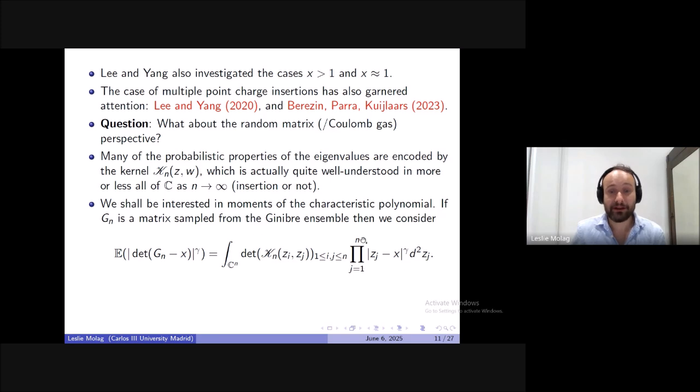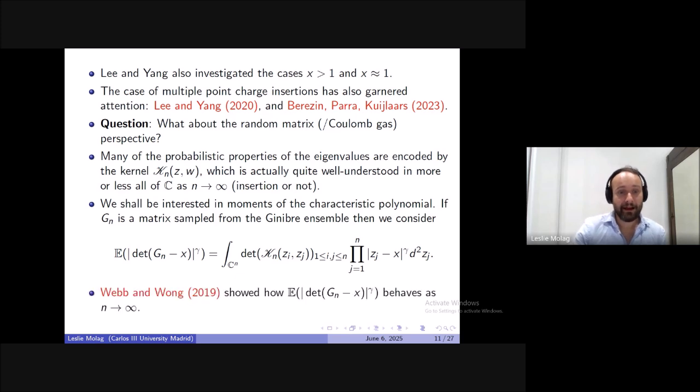Explicitly that's given by this formula that you see here, which is sometimes also called the partition function. Okay, so for the Ginibre ensemble with point charge insertion, this was treated by Webb and Wong. So they showed how the moment of the characteristic polynomial behaves as n tends to infinity.